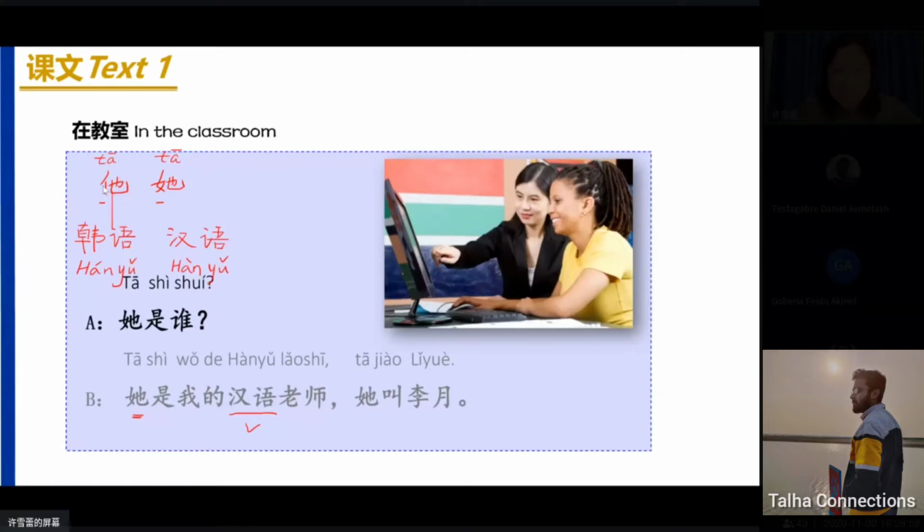So when you talk about him, he, that would be this 他. Now, if it is a woman, we use this one. So pay attention. The difference is here, right? The left part of these two characters.